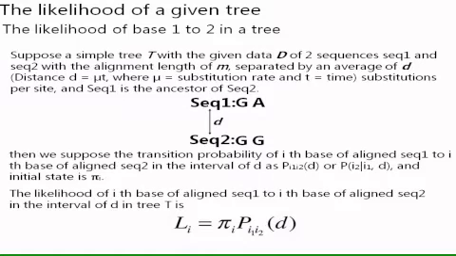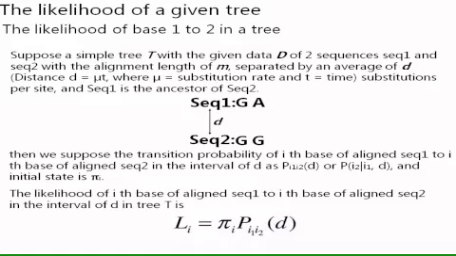We see G here. And this P is the probability of transition from this G to the second sequence here. So it depends on the distance. If you have a longer branch between these two sequences, you have a higher probability for a change.